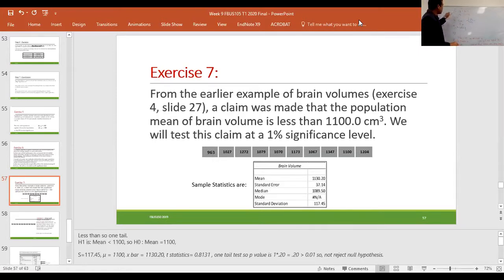What is step number 2? Formulate H0 and HA. What is the claim? The claim is that the brain volume is less than 1100.